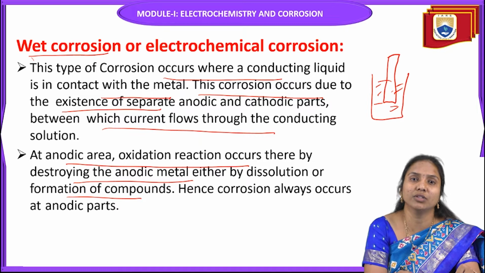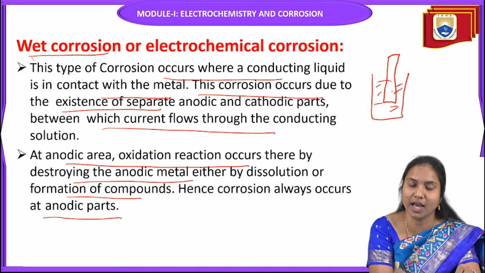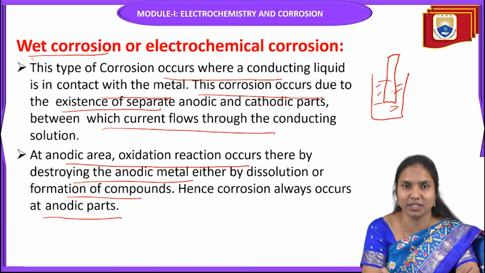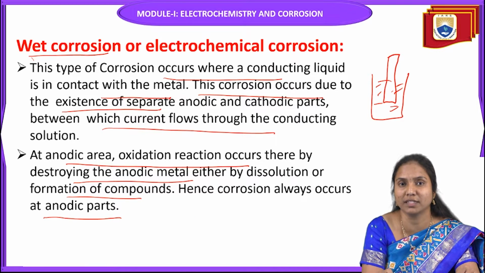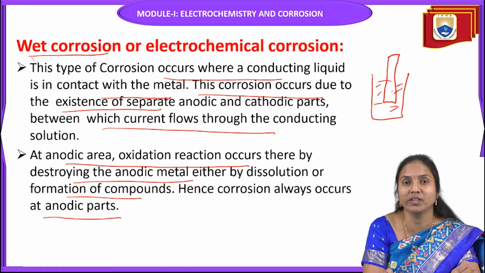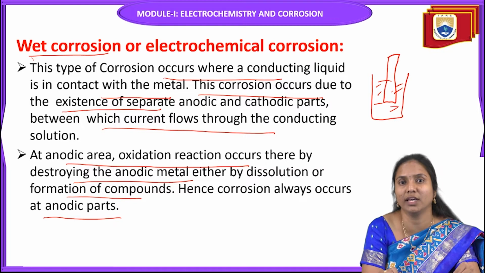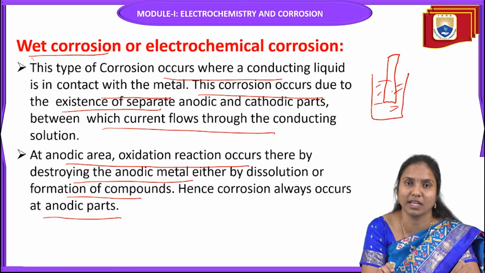Hence corrosion always occurs at the anodic area. Oxidation reactions take place at the anodic area and reduction reactions at the cathodic area, but corrosion is always concentrated at the anodic area only.